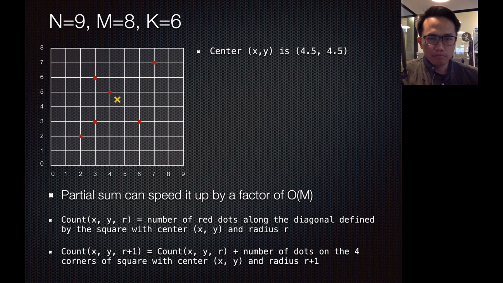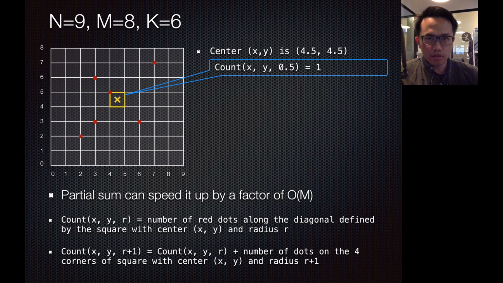So to better visualize what that means, consider xy being 4.5, i.e. the yellow cross here. And if you consider the square of radius 0.5, the smallest square here, there's only 1 red dot along the diagonals of this square, right? Okay.